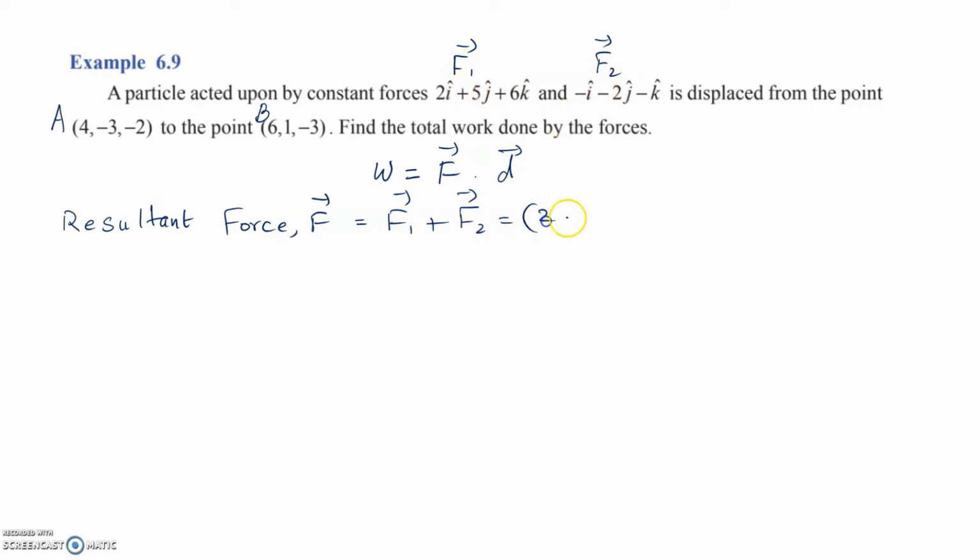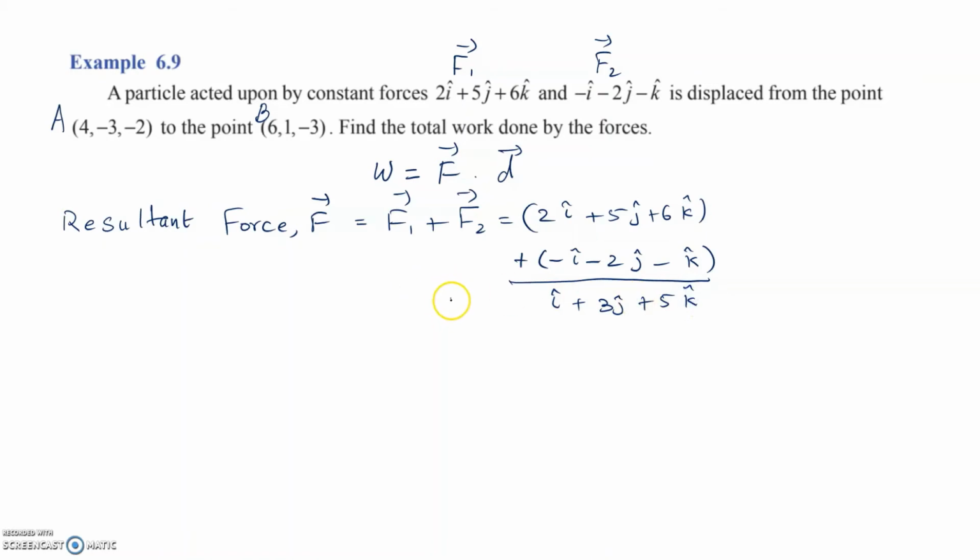So if I add them up, 2i cap plus 5j cap plus 6k cap plus minus i cap minus 2j cap minus k cap. So the answer would be i cap plus 3j cap plus 5k cap. So this would be my vector F.